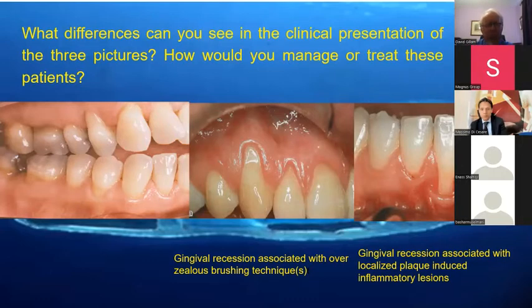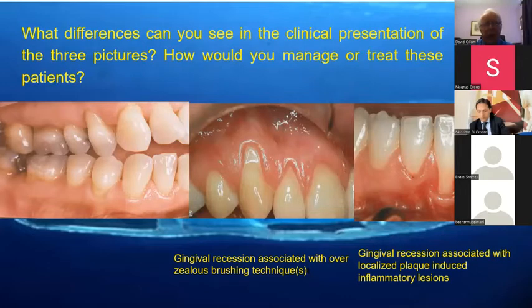This has been mediated to some extent with the advent of pressure controlled powered brushes, which try to minimize this. But you can see here the gingiva is very healthy, but you can see quite clearly the effects of overzealous brushing. Again, it exposes the dentine surface.